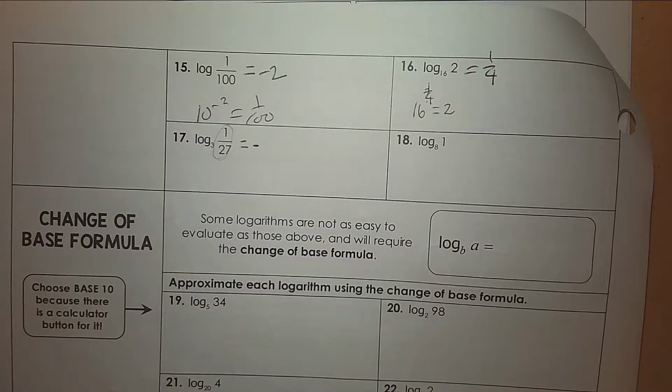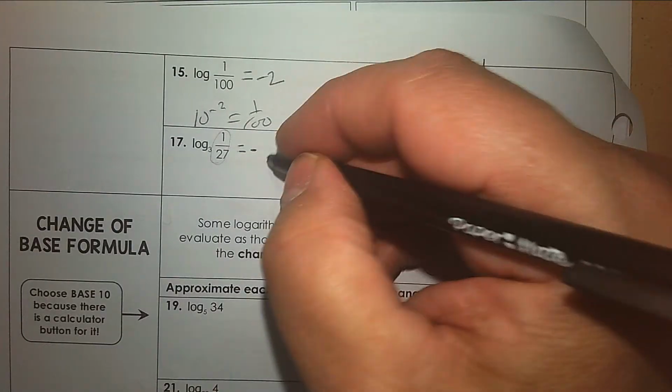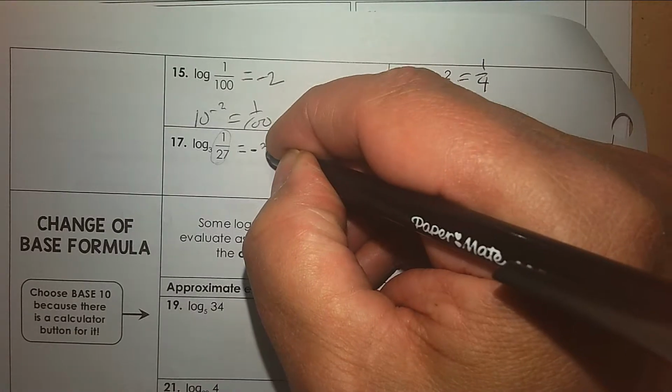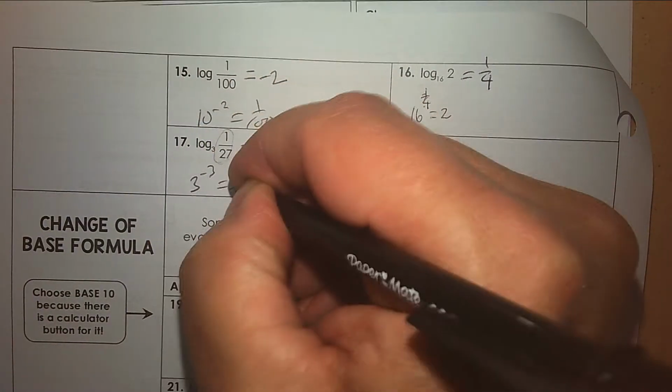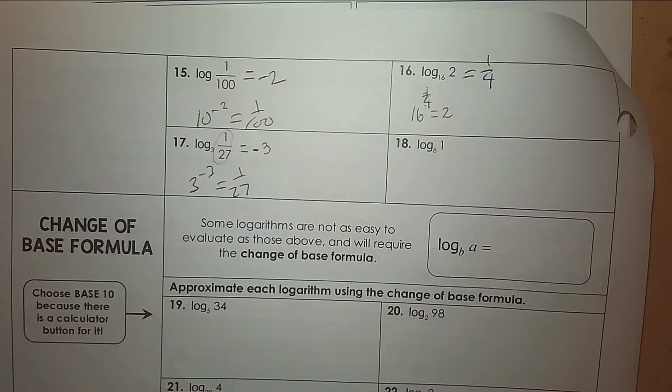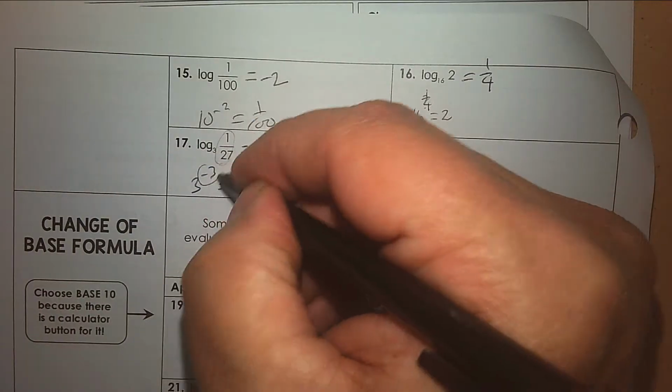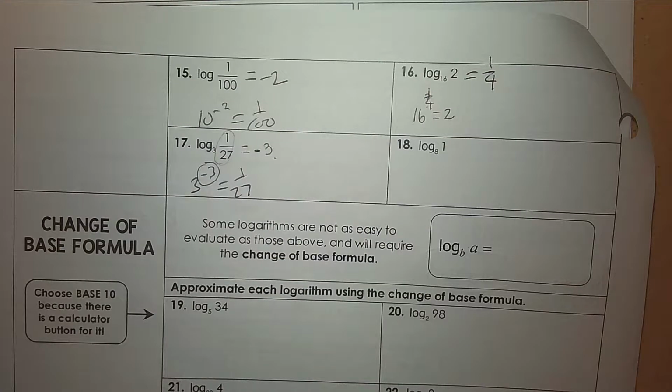And what do you think it is? 3 and 27. What exponent? Close. Not negative 1/3, but negative 3. 3 to the negative 3 equals what? 1/27. So what exponent makes it true? And the answer is negative 3.